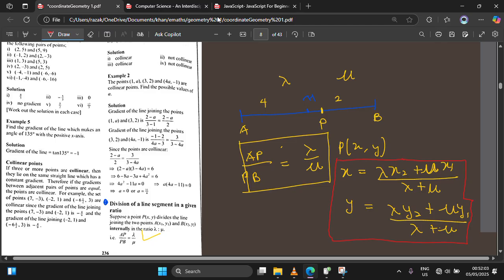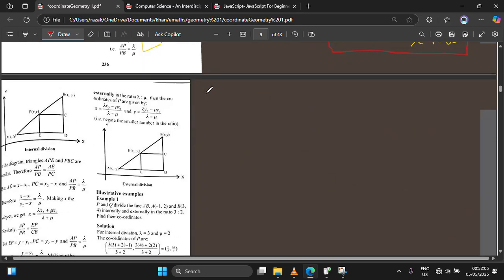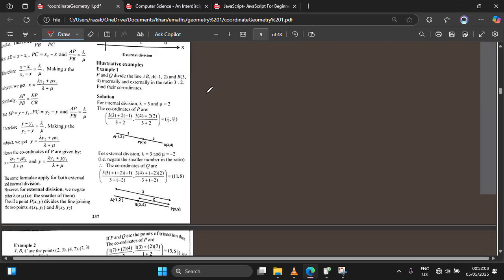So that's what we'll be using here. This is the formula we'll be using throughout this section to find the points that divide a line segment into a certain ratio.